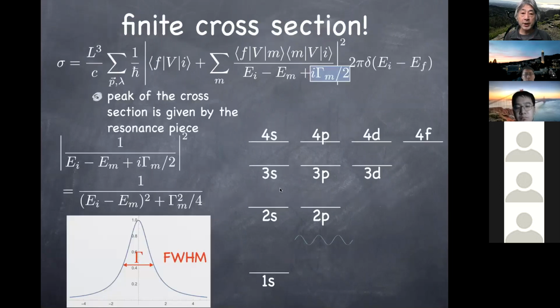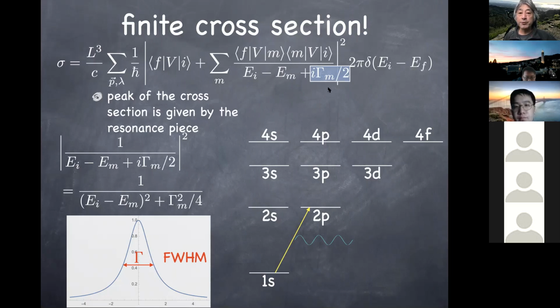So that's the expression we see over here. Now we put in this width gamma, which is h bar over the lifetime of the 2p state, into this formula for the cross-section. When you send in a photon that is pretty close to the excitation energy to excite the atom from the 1s state to the 2p state, that's the situation we are looking at, then this denominator nearly vanishes except for this complex imaginary part.